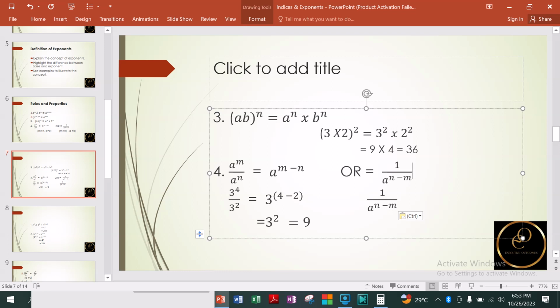So that's what we have done here. So let's go for that. The base is the same, is 3, raised to power, now they transpose. What was first becomes last. It will be now 2 minus 4. Yes, 2 minus 4.